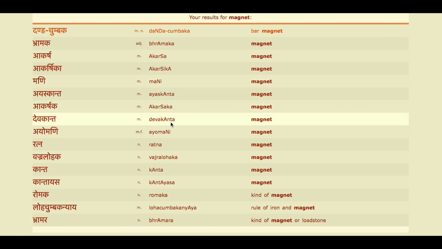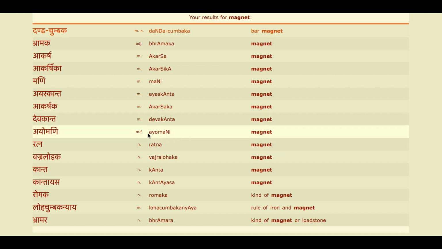Ajaskanta, Akarshaka, Devakanta. Deva means divine or godly. Devakanta, okay, keep that one in mind. Ayomani, so they're adding this prefix here on the mani. Radna, Vajra Lohaka, Loha means metal.